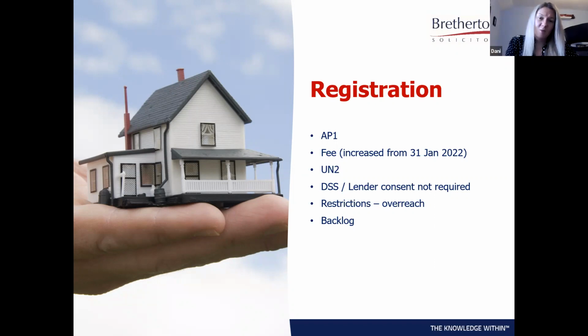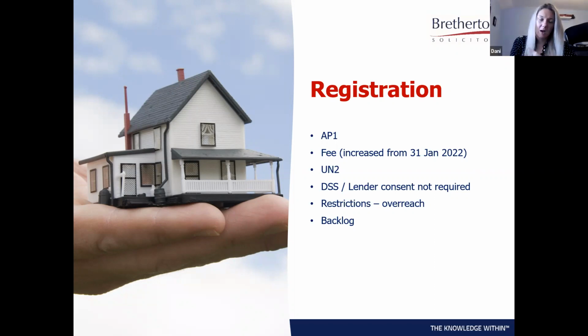Point to note at the moment, though, there is a severe backlog with the Land Registry. I think in some cases we're up to 2 years for some lease extensions. I think most of them are at about the year mark as well to be registered. So it is a long process. It's usually worth giving the tenants a heads up again at the beginning or just as you're about to register, so that if they have any plans to be selling, if that's why they've done their lease extension, then obviously they've got a bit of a wait.